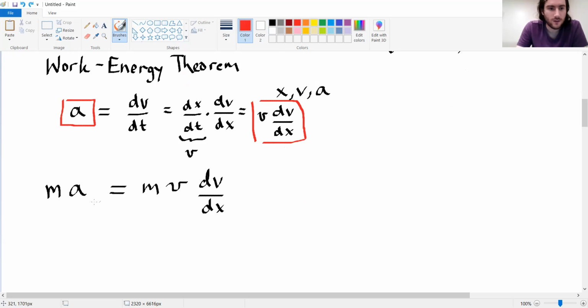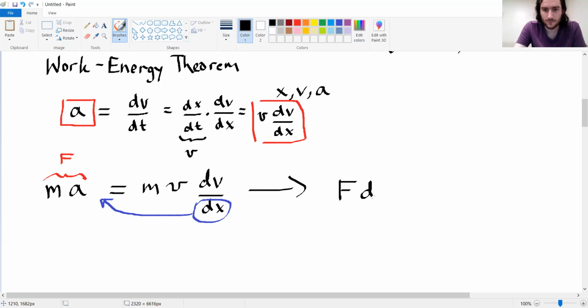And on the right side, I have some object. I don't really understand what it is yet. But what we're going to do is take this dx and move it to the other side. So what does it look like? It looks like the force times dx is equal to mv dv.